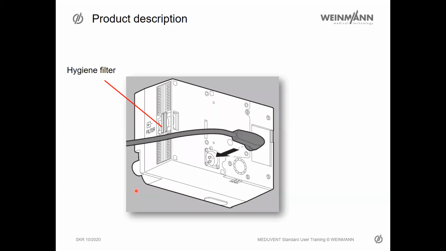On the back side, we have on the side the hygiene filter in front of the turbine, so every ventilation air will get filtered. We have the power supply on the back. When the MEDUVENT standard is mounted on a plate, the power supply will also be fixed.